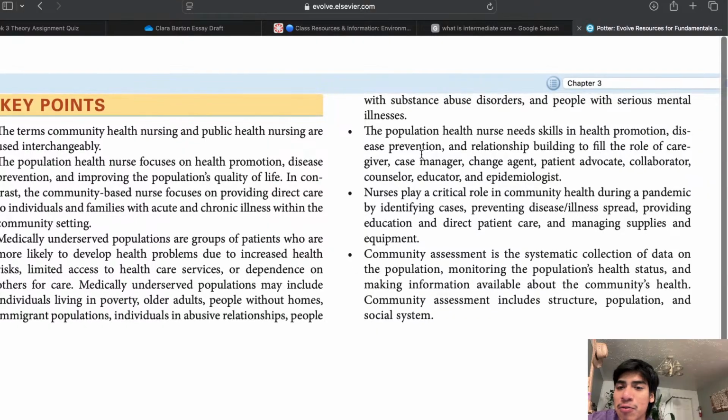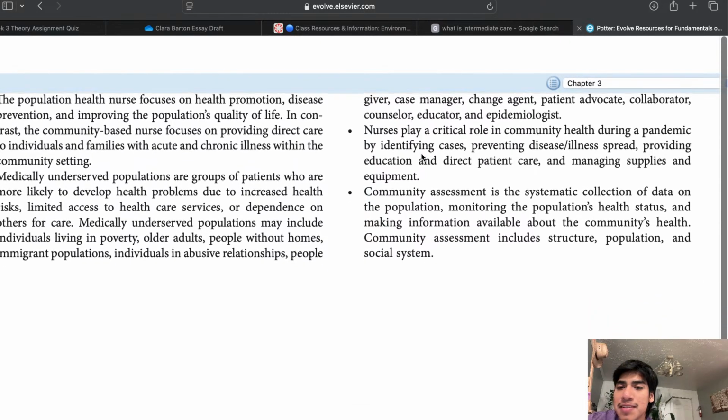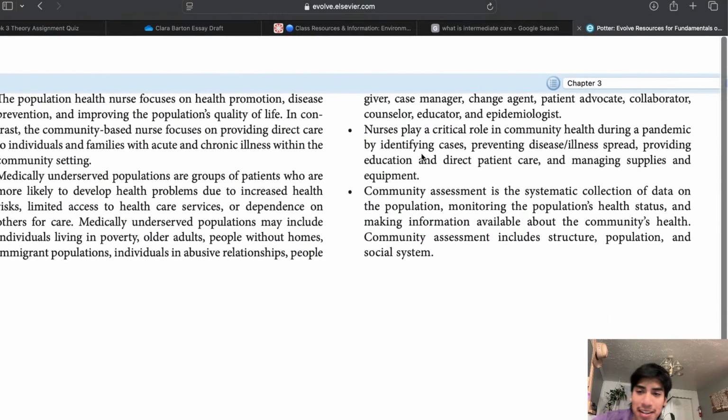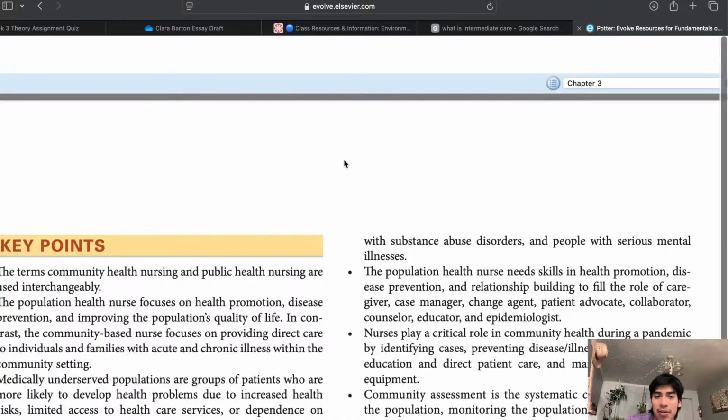Nurses play a critical role in community health during the pandemic by identifying cases, preventing illness spread, providing education, and direct health care. All right. Community assessment is the systematic collection of data on a population, monitoring the population's health status, and making the information available for the community's health. Okay. So yeah, we're just taking care of the community here, right?